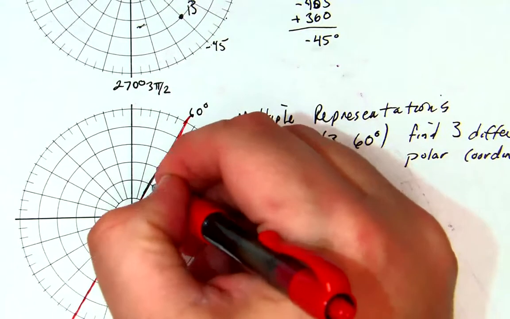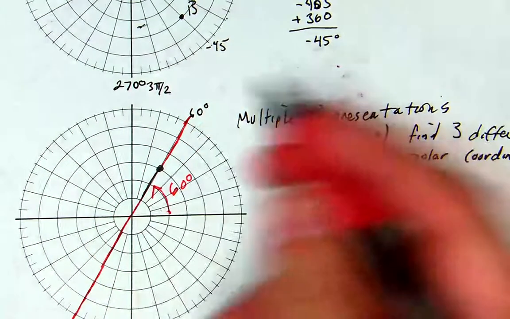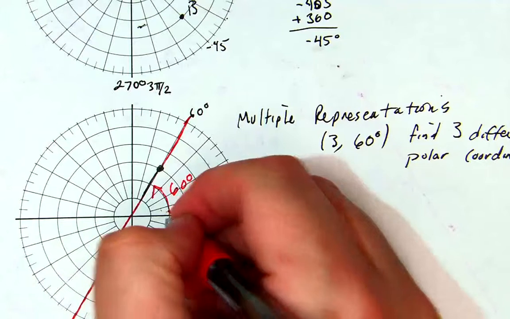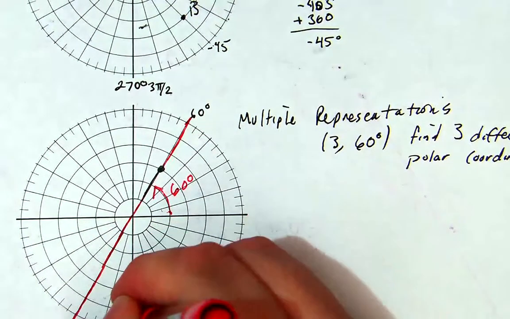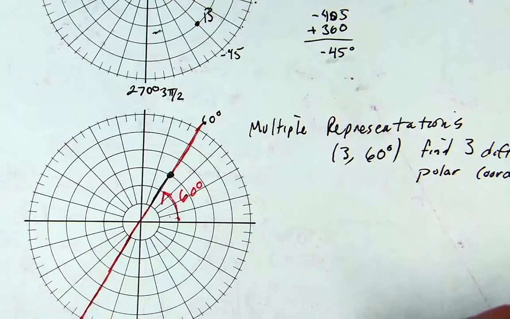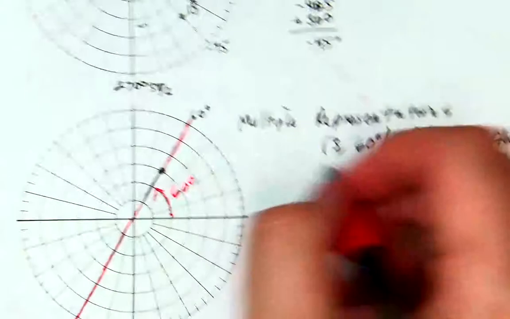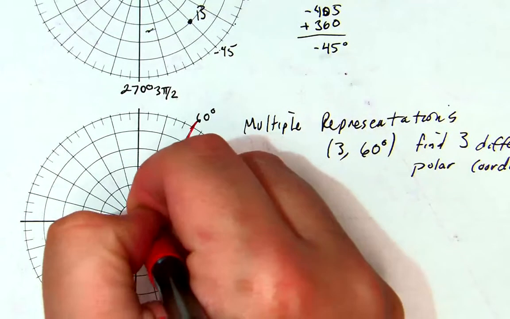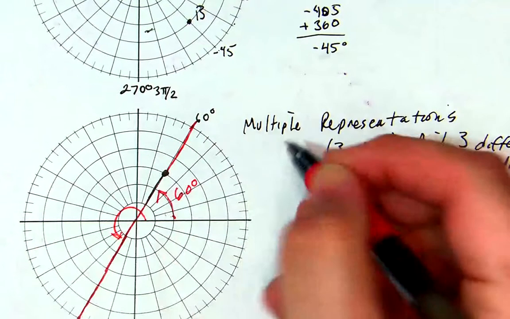I know that's 60 degrees. And that's 270 minus 30 degrees. That's 240 degrees. So I can go all the way around to here and get to 240 degrees.